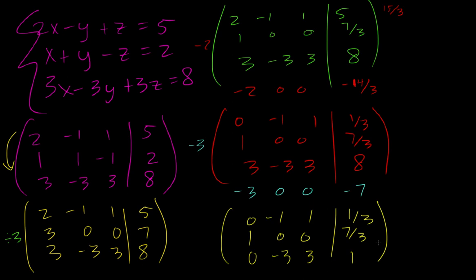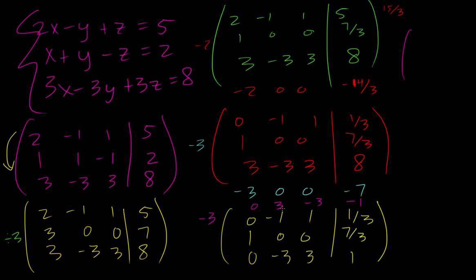Now, from here, we need to try to make another 0 somewhere. So if we multiply this top one by negative 3, we're going to get 0, 3, negative 3, negative 1.